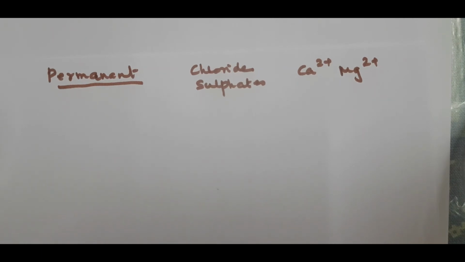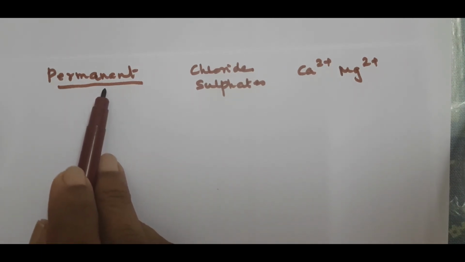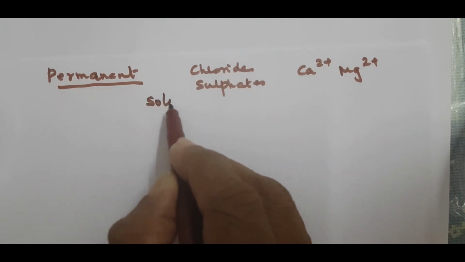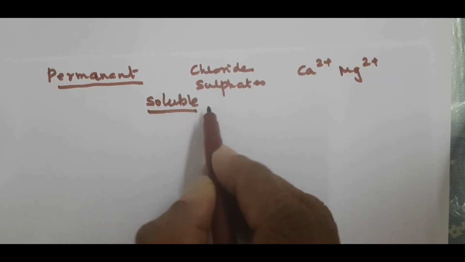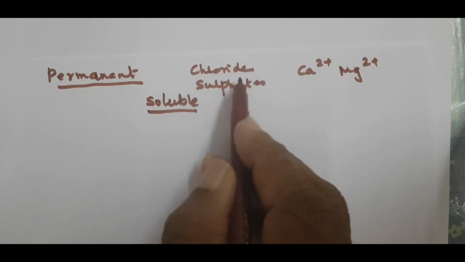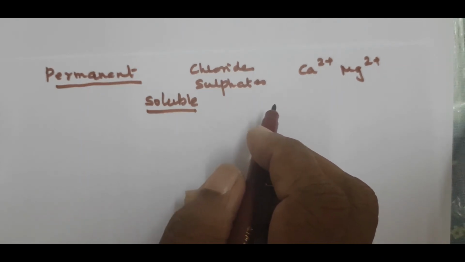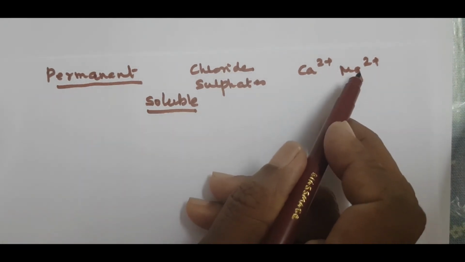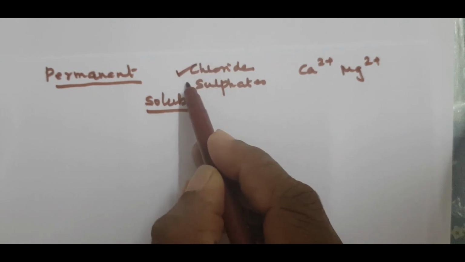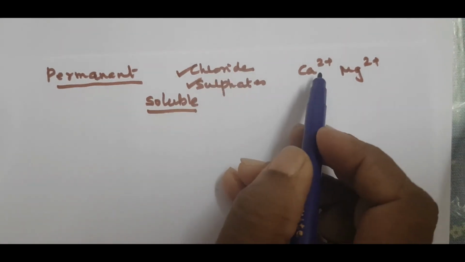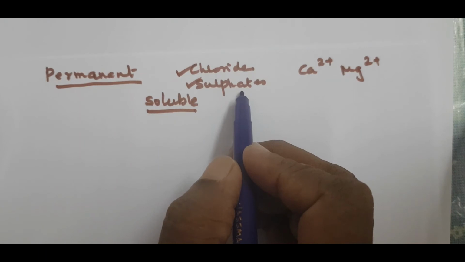So the permanent hardness is due to the soluble salts. Remember, in the temporary also we can say soluble bicarbonates. In the same way, this is also soluble calcium chloride, soluble calcium sulfate, etc. So it is the presence of soluble salts of calcium and magnesium in the form of chlorides and sulfates in water. Clear?